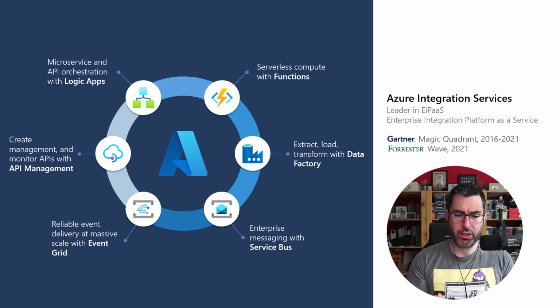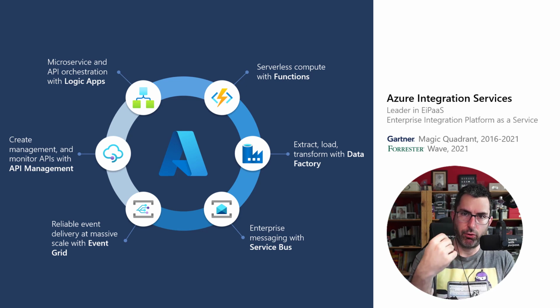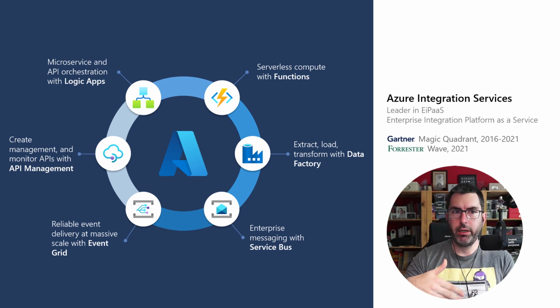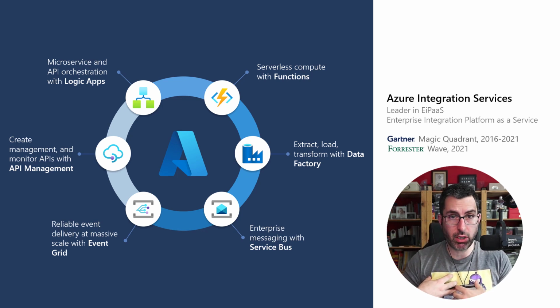So Event Grid is a foundational service when it comes to Azure, because Azure itself is using Event Grid. For example, if you go to Azure Storage and say, hey, I want to monitor if there's a new file uploaded, you have two approaches. First, you can go ahead and every 5 minutes check if there's a new file uploaded. The other option is you subscribe to the Event Grid topic of that storage account. So Azure services themselves are actually Event Grid publishers. You can have your own publisher as well, right?